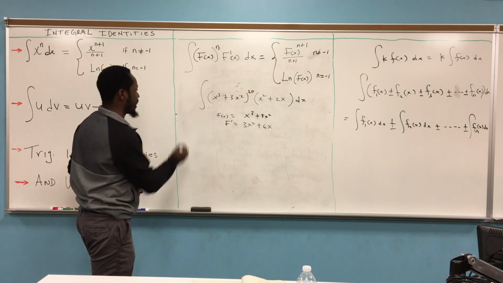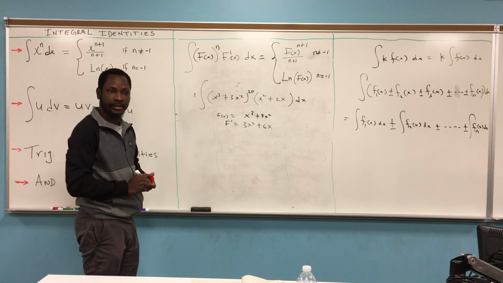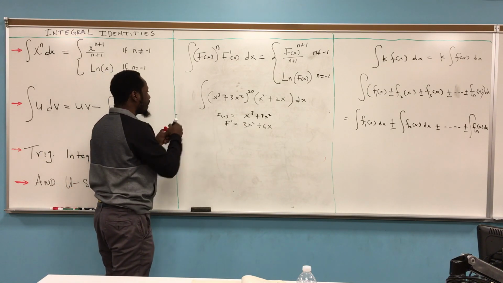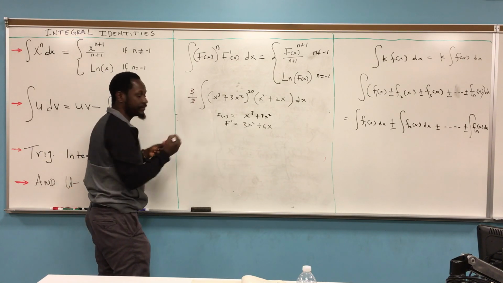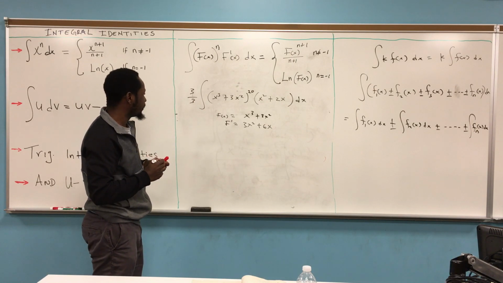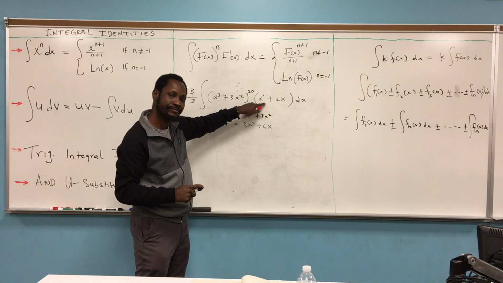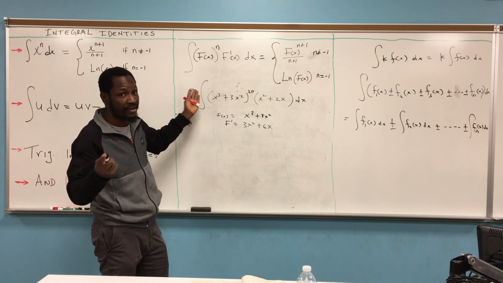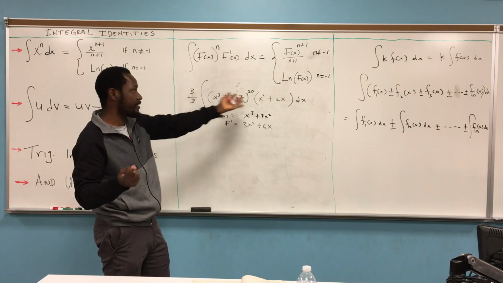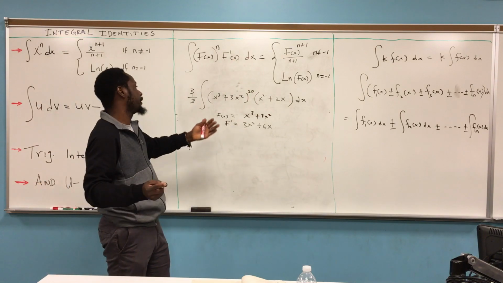What I mean is that I can multiply this by 1. 1 is the same thing as 3 over 3, right? I know that if I multiply this by 3 and divide by 3, 3 over 3 is 1. I've not changed the question, right? 1 times this integral is the same, right?